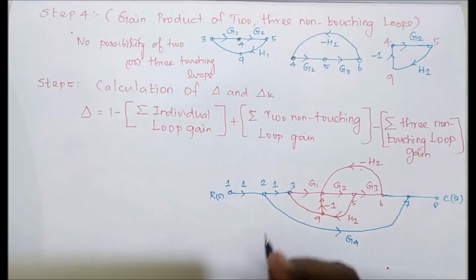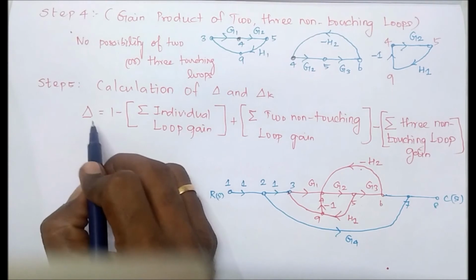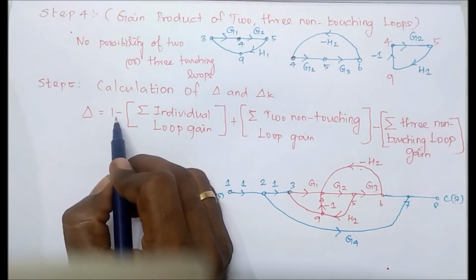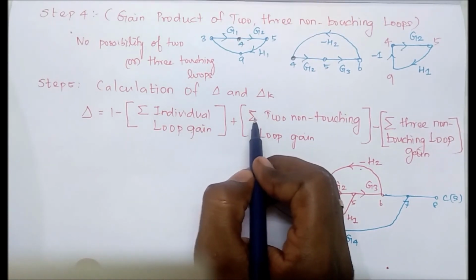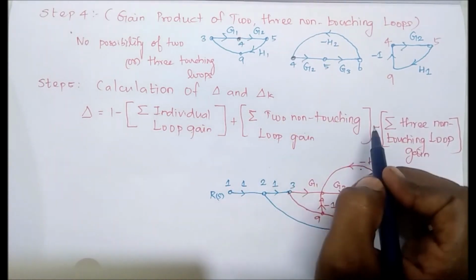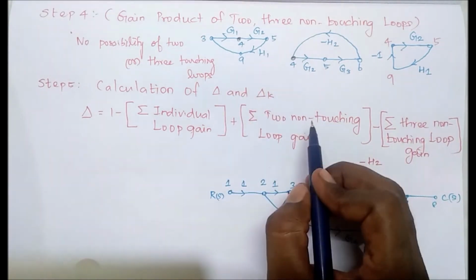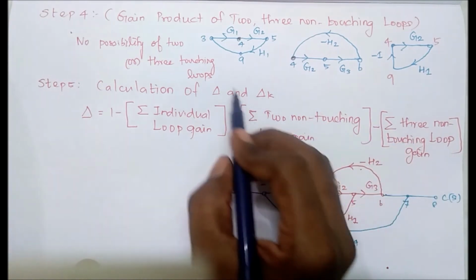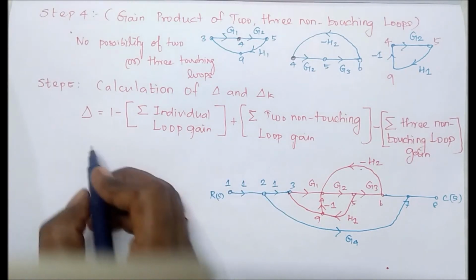Next one is step 5, calculation of del and del K value. To calculate del, it is 1 minus sum of individual loop gains plus sum of 2 non-touching loop gains minus sum of 3 non-touching loop gains. In the given problem, there are no 2 non-touching or 3 non-touching loop gains, only individual loop gains, which we already calculated.